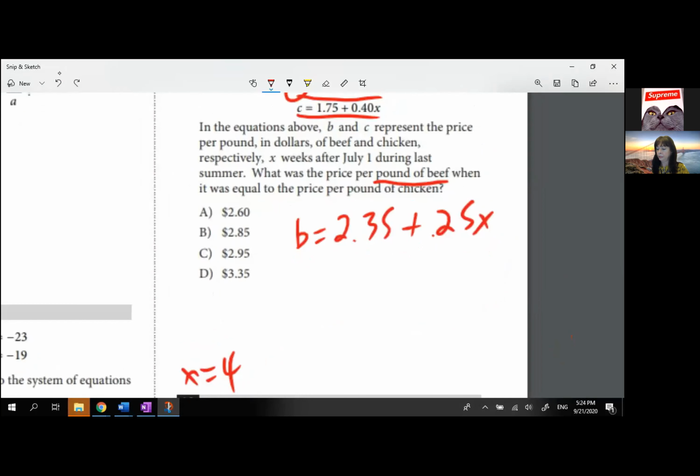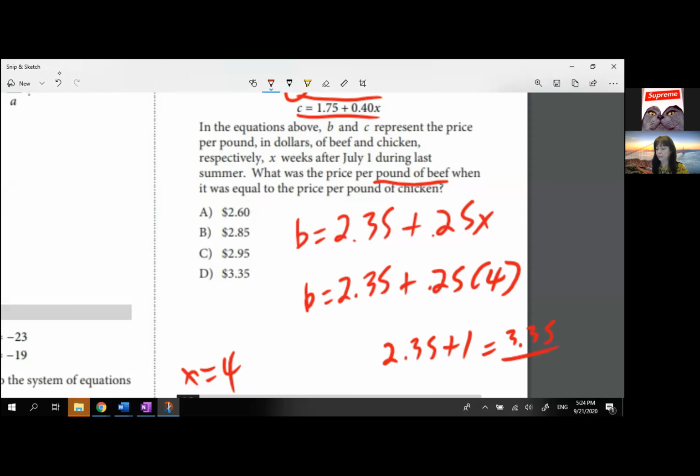So what we get there is b equals 2.35 plus 0.25 times 4. And 0.25 times 4, so 0.25 is the same as saying 1/4. So 1/4 times 4 will be 1. So 2.35 plus 1, that equals 3.35. And that's one of our answers. So D is the correct answer here.